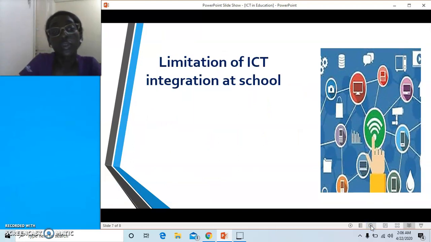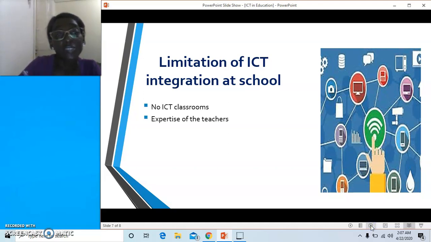When we want to do something, there are always limitations. And the limitations of ICT integration at the schools are no ICT classrooms. Most of the schools don't have ICT classrooms, and if you don't have an ICT classroom, how can you integrate ICT? Expertise of the teacher.